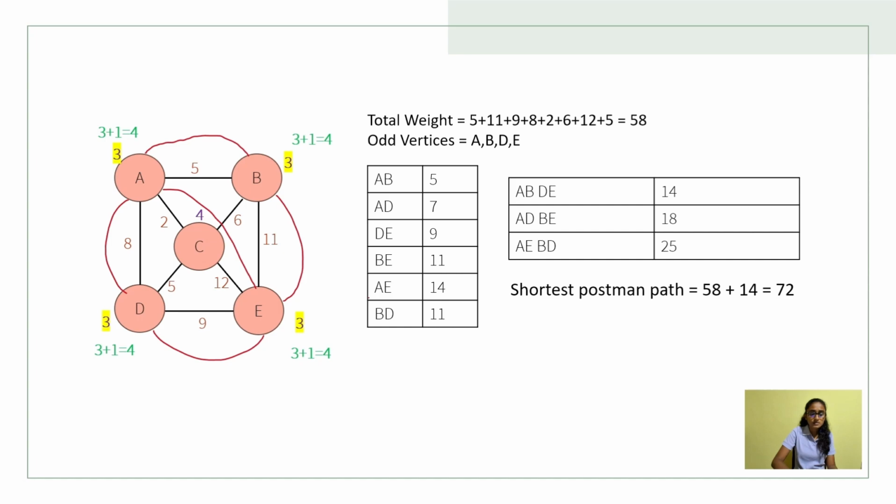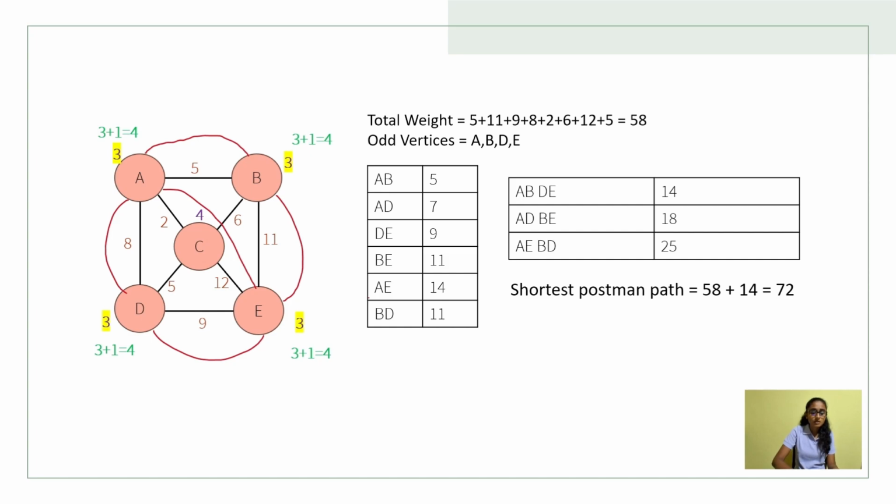If a graph has more than 2 odd vertices, we must pair them to make all degrees even. Now we calculate the shortest distance between each pair. AB is 5, AD is 7, AE is 14, BD and BE is 11, and DE is 9.